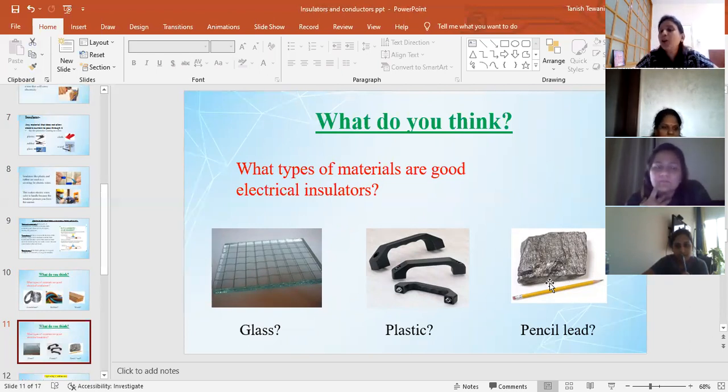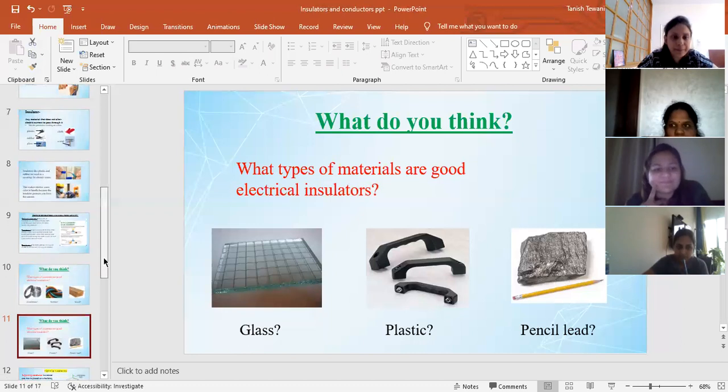And this is the only non-metal which conducts electricity. Graphite has carbon, and with that carbon it passes electricity. Okay, very good, Sabita ma'am.